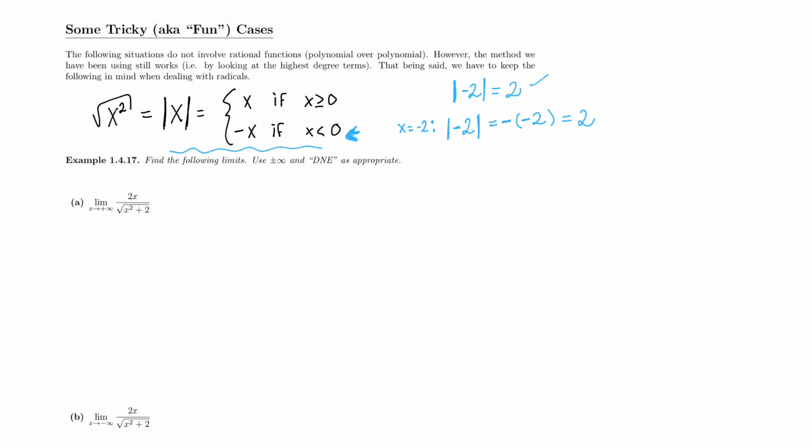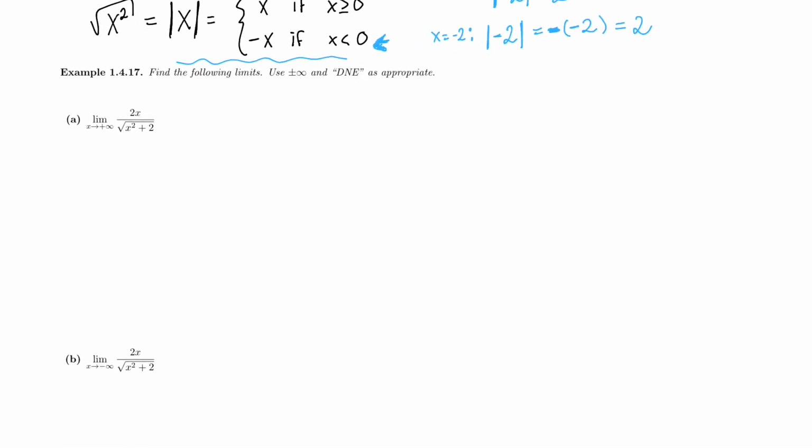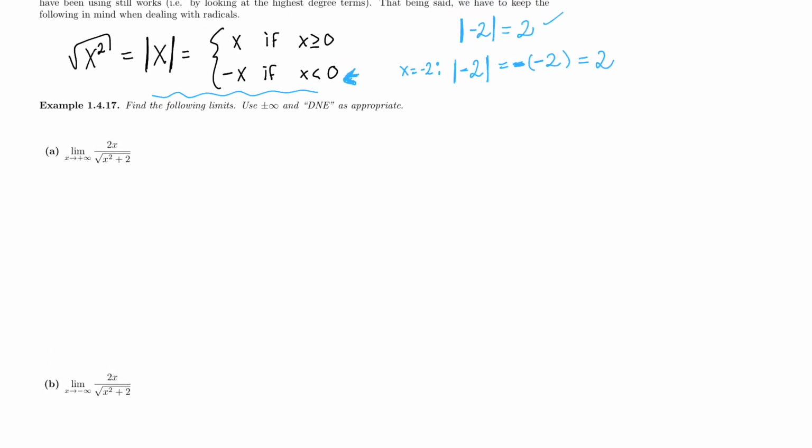So that's how that function works: if you're negative, you put another negative sign in front, and that cancels out the negative sign. So technically, absolute value functions are piecewise defined functions. And we can use that down here.